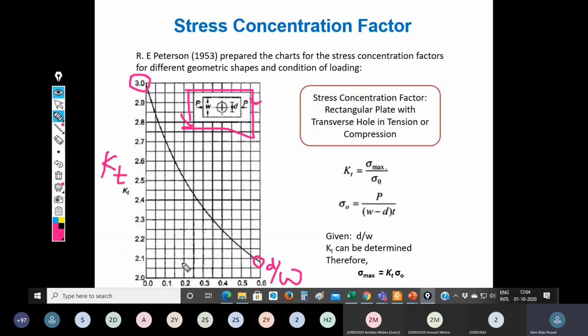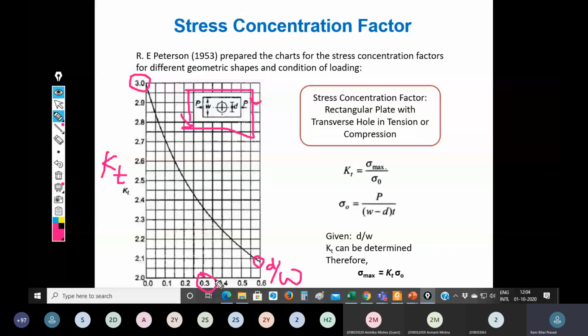2.05 or 2.1, right? So if the geometry is like this, then you have to use this graph. First of all, you have to find out the d by w ratio, right? Let us say the d by w ratio is 0.3.